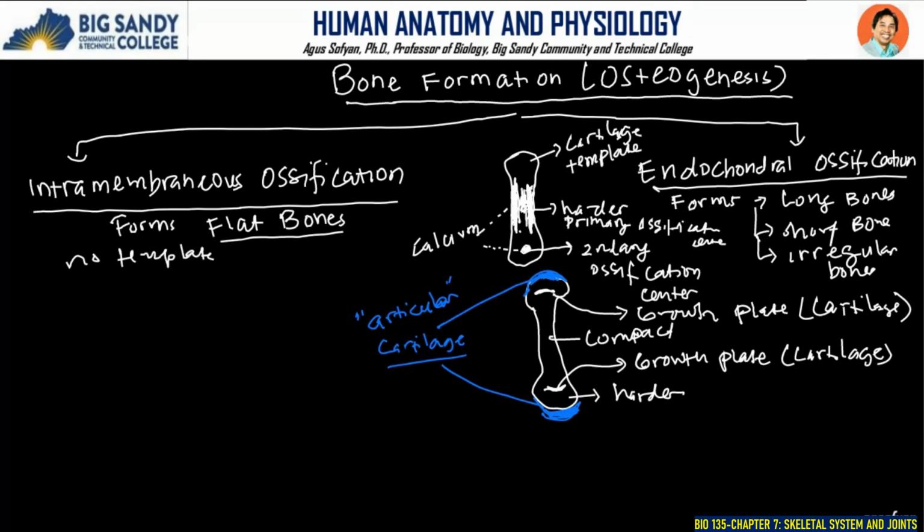Okay, so basically the ossification will just go to the space that is available. So it will make the bones become flat. And mostly the ossification will be happening at the side of the bones, on the peripheral side.